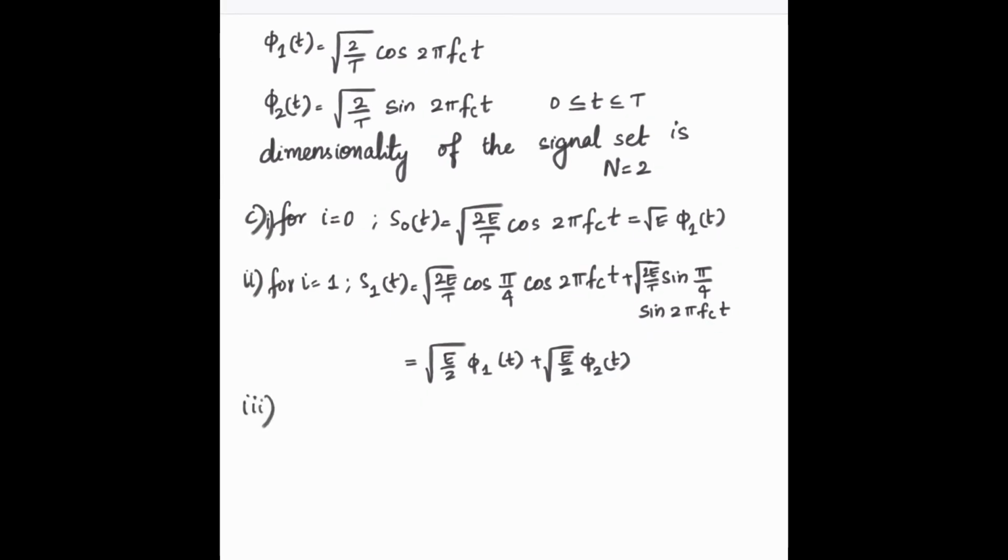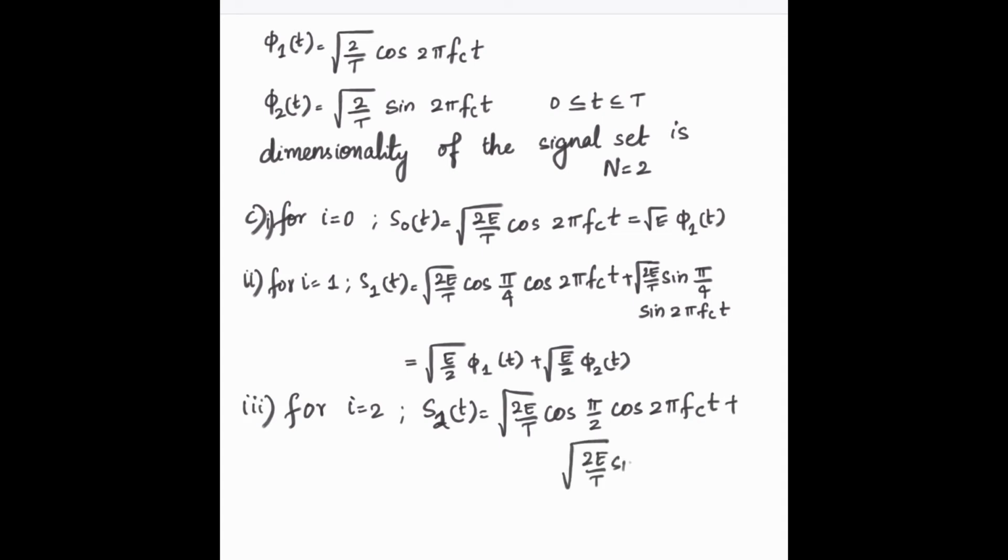Now again, finding out for the third, since i varies from 0 to 3, for i equal to 2, S2 of t will be equivalent to root of 2E by T into cos of pi by 2 into cos of 2 pi fct plus root of 2E by T into sin of pi by 2 into sin of 2 pi fct.